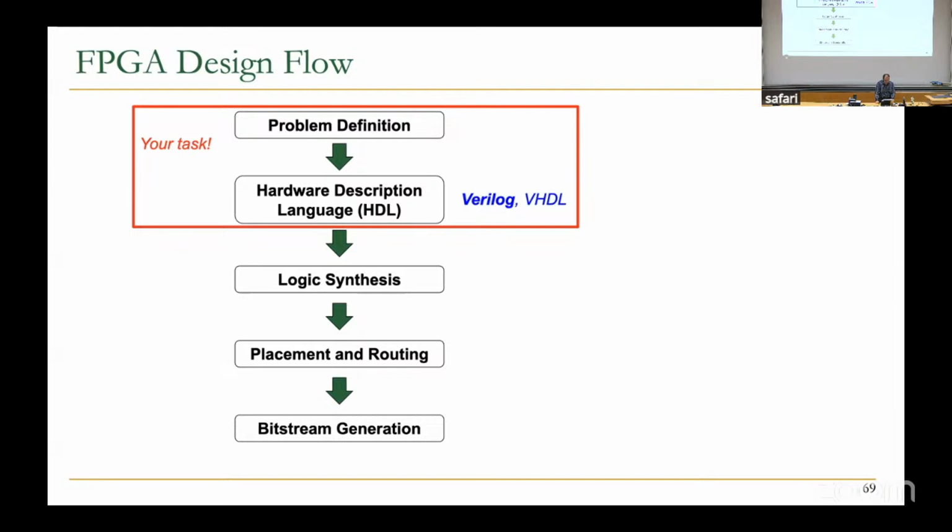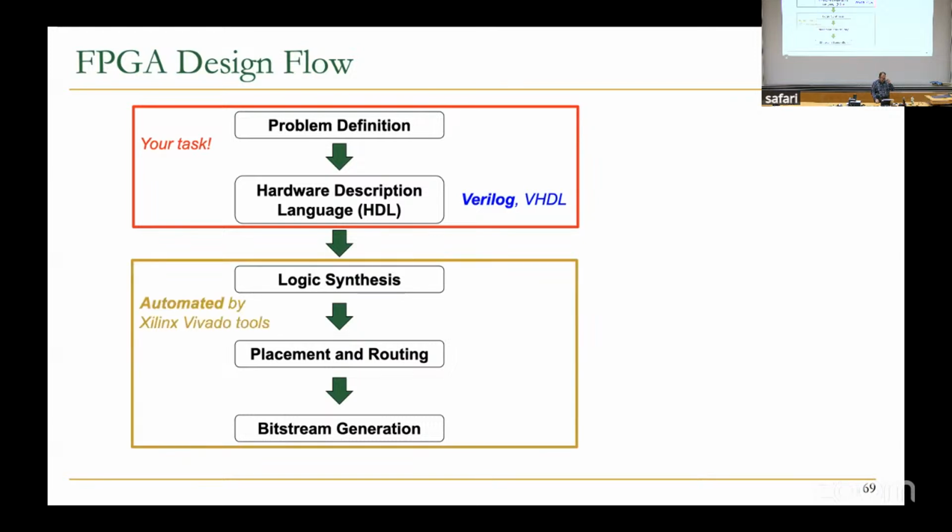After that, we get to bitstream generation. That bitstream needs to flow to your FPGA and configure every single LUT and memory on it. After bitstream generation and that communication, you will have your circuit on your FPGA. And that is automated, fortunately, with different tools.